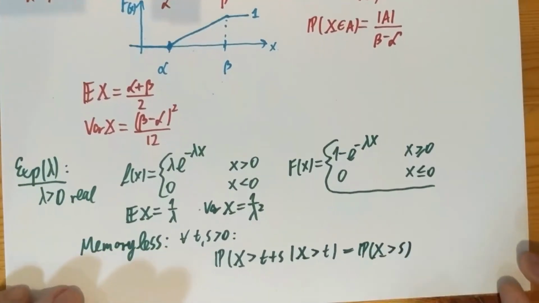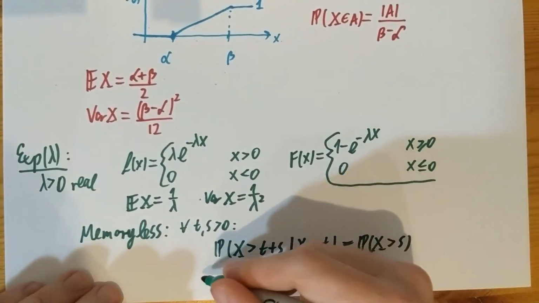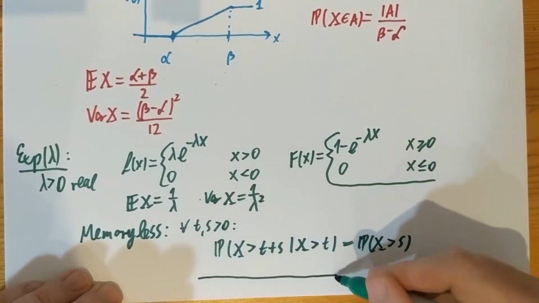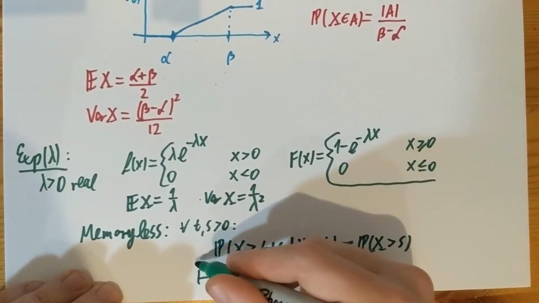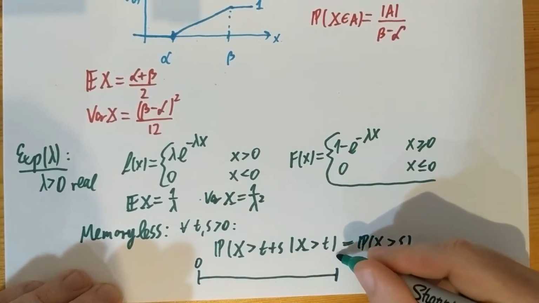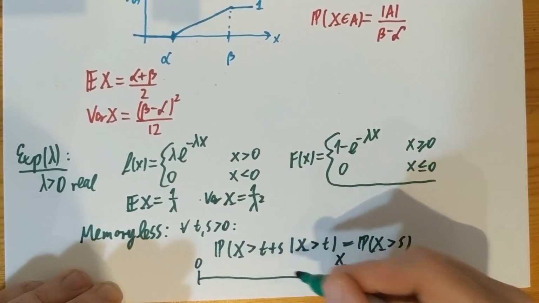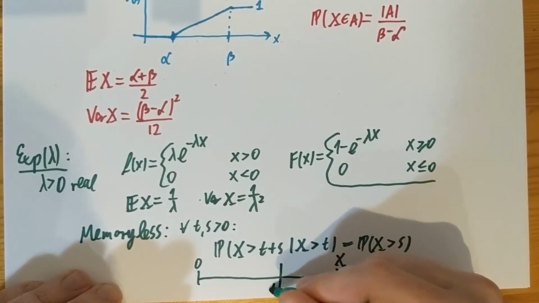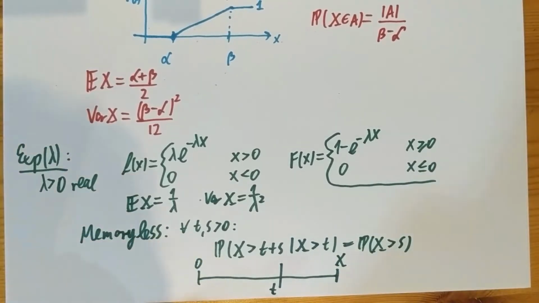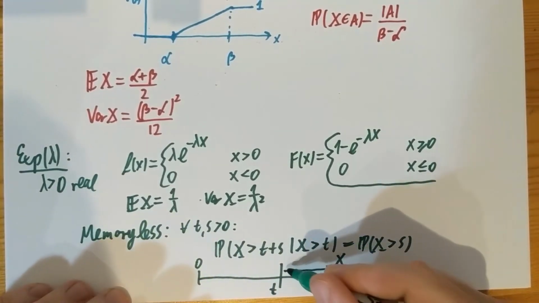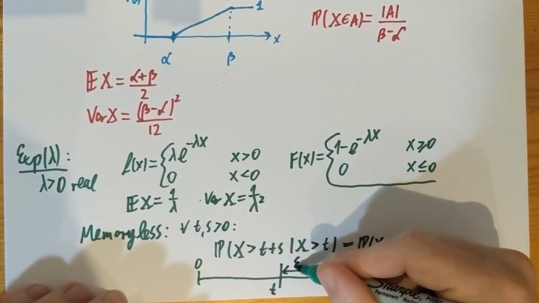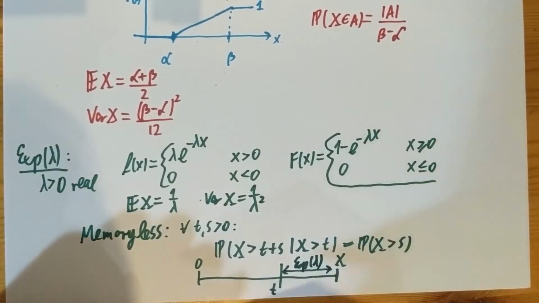And if you want to plot this, think about this as time, a random time interval. This is 0 and this is X. And then if you have a deterministic time t here, and somebody comes and tells you that X survived at least this much, then the remaining time is again exponential lambda, conditioned on the event that X is larger than t.